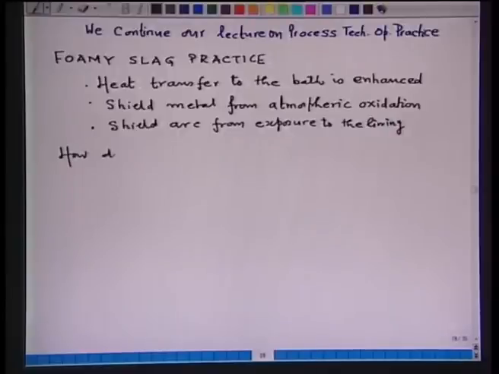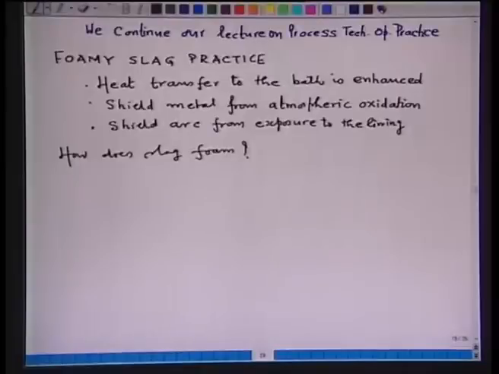How does slag foam? For foaming of the slag, as already I have said, a gas forming reaction during the operation of the electric arc furnace should be there. So, the principal gas forming reaction is again the oxidation of carbon. Carbon plus oxygen, it forms carbon monoxide, or carbon plus FeO in the slag, it forms CO plus iron.